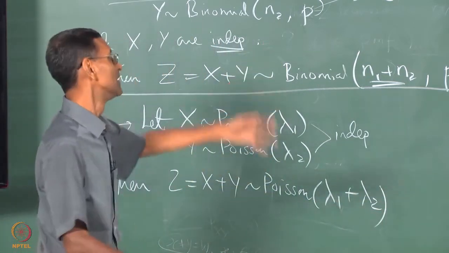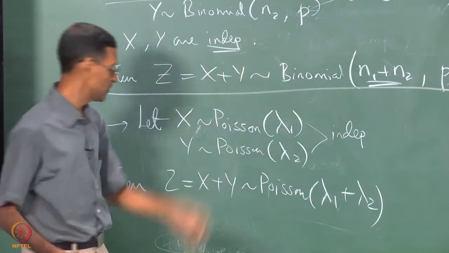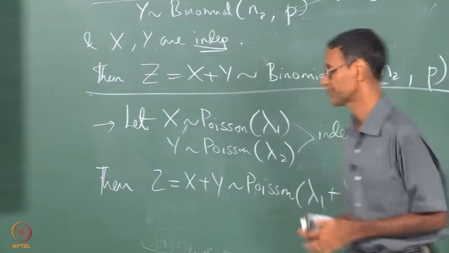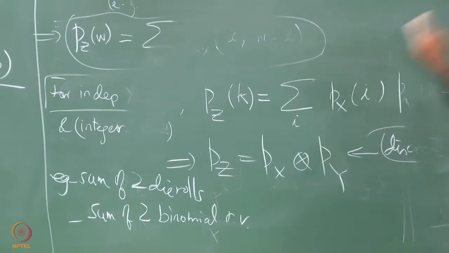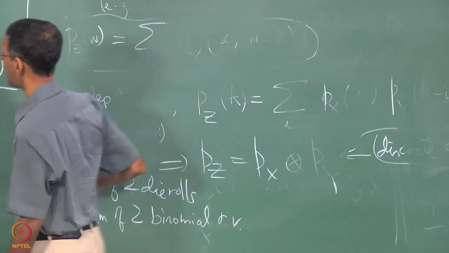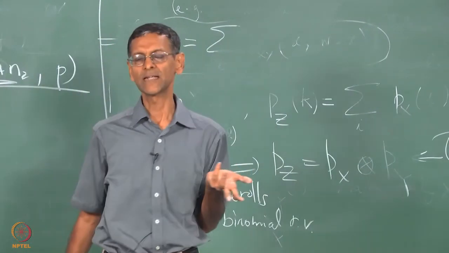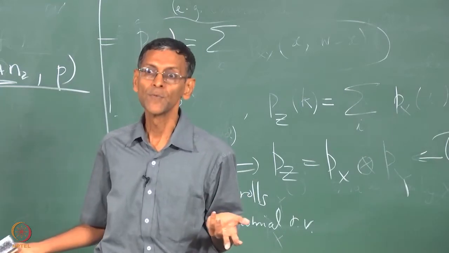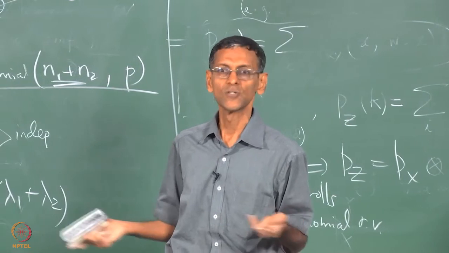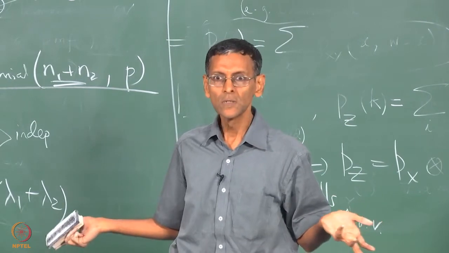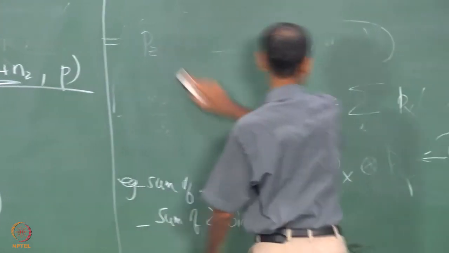Just to make sure that you people haven't forgotten your convolution, we will do this in the next 2-3 minutes. First of all, when I say Poisson lambda 1, that means omega X is the entire set of non-negative integers from 0 to infinity, and omega Y is also the entire set of non-negative integers. So the sum will be again the set of non-negative integers from 0 to infinity. At least that part is easy to see.